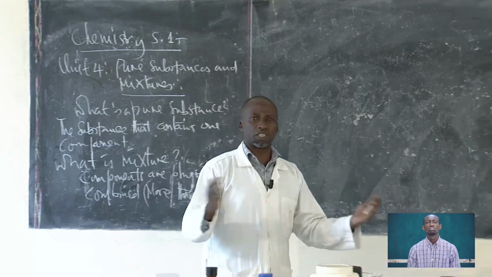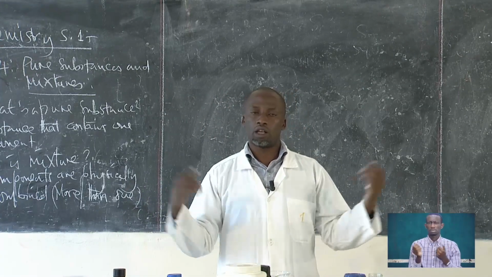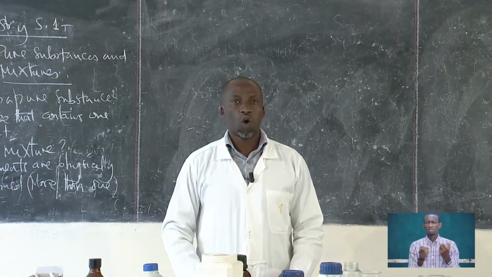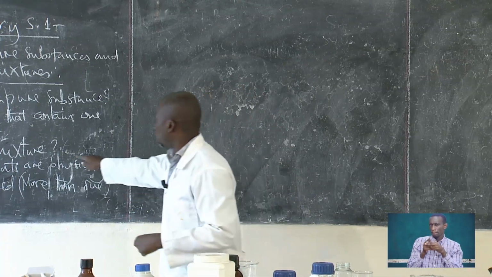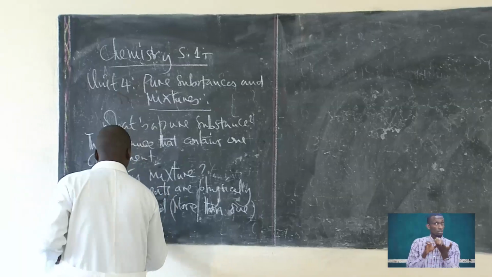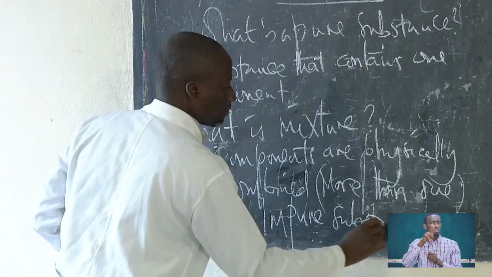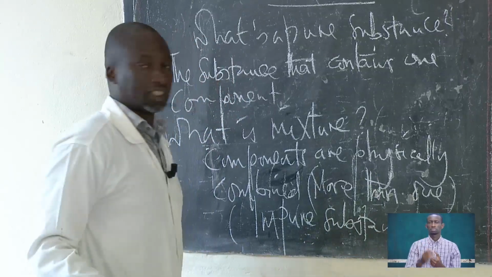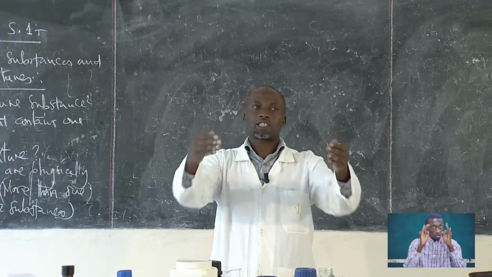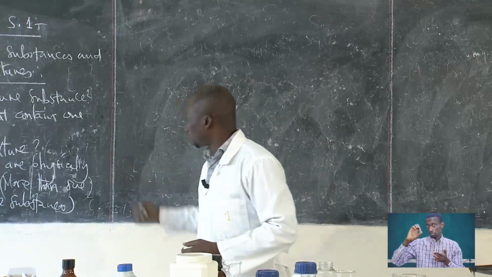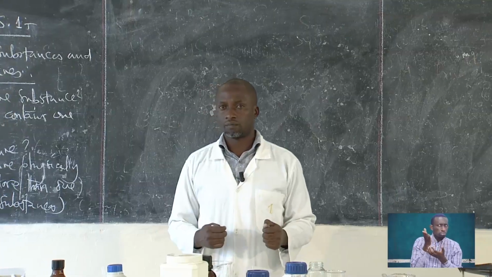In nature, most of the substances exist as mixtures. The mixtures are also called impure substances. So if we use an analogy of pure substances, then we can also mention mixtures as impure substances.